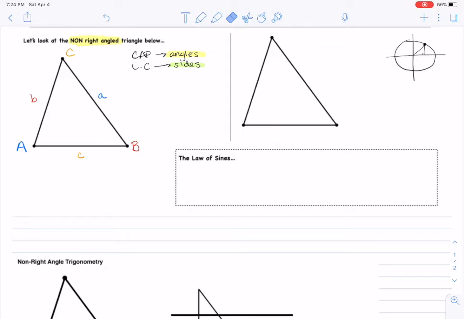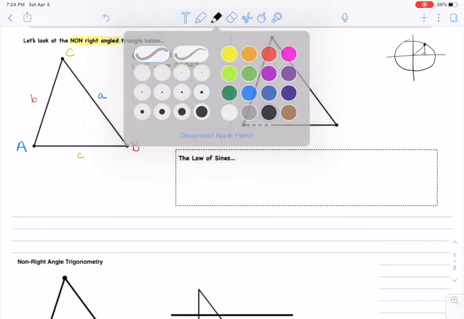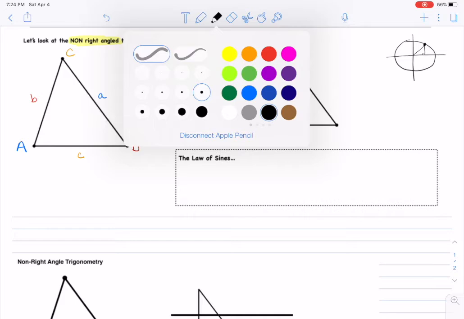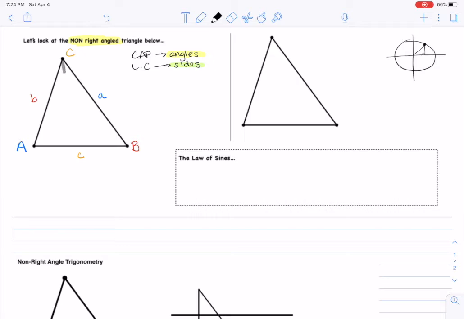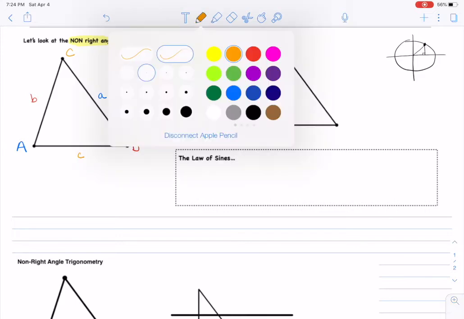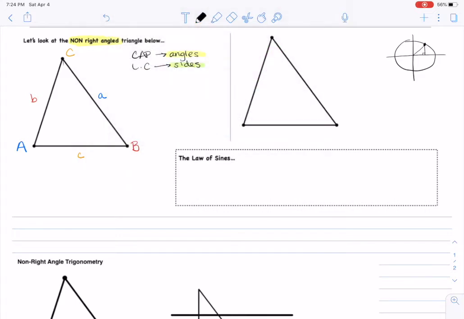Okay, so now we're ready to figure out some of the relationships in here. Up to now, like I said, we've only really been focusing on right triangles. So that's really all we know. So let me go ahead and draw a line here. Actually, I don't like that line. I'm going to draw another line. I'm just going to make it like that.